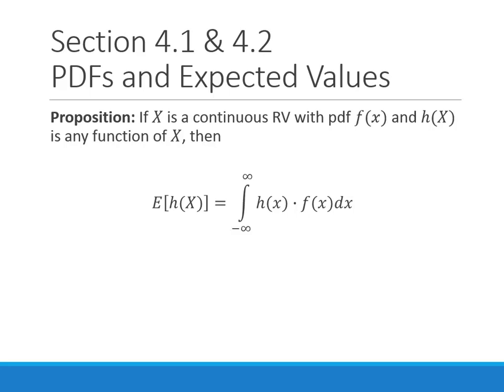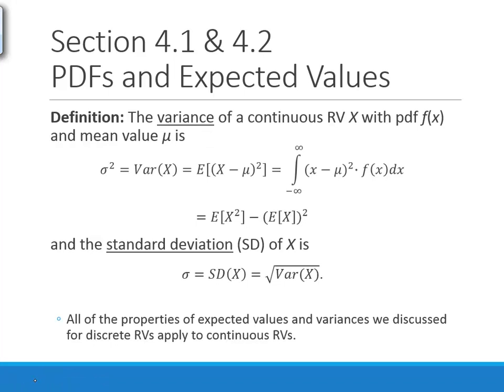So then, can anyone guess what the variance is going to be without looking in your notes? We can talk about the variance just like we can talk about the mean for a continuous random variable. This part of the definition is exactly the same as we saw before. The variance of our continuous random variable is just the expected value of x minus its mean squared.